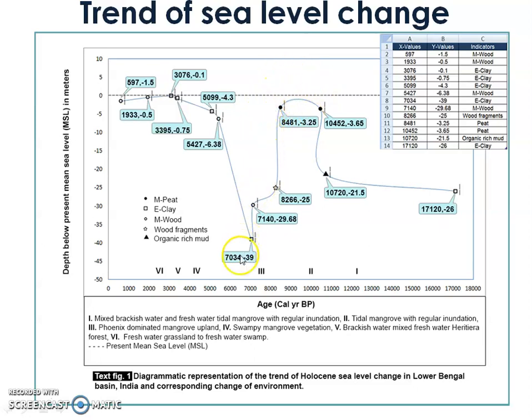Again the fall occurred between 7,000 to 6,000 years, which is called the regression. Again transgression occurs, so we can see 2 transgressions and 1 regression. And now the sea level fluctuation is happening every year, and the sea level is very near to the present mean sea level, that is the 0 point on the axis.